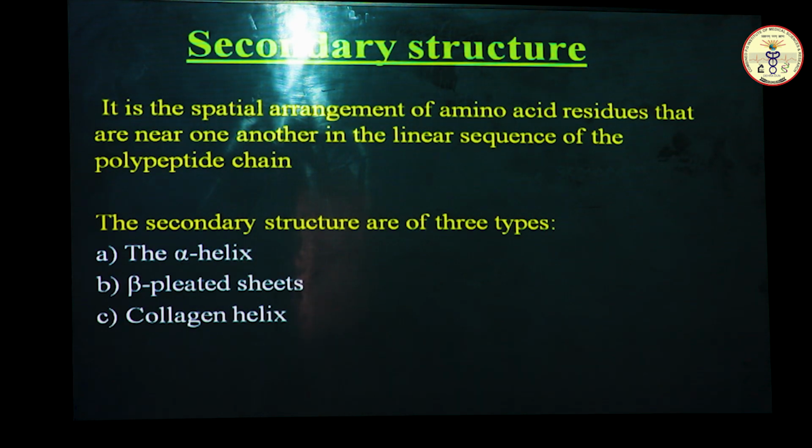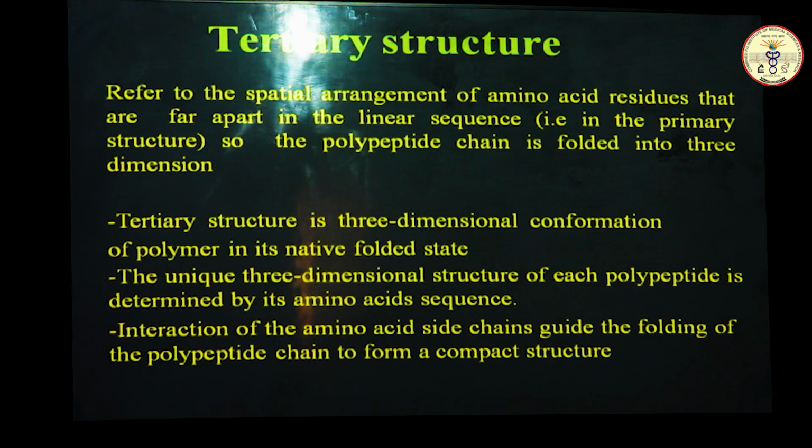Then the secondary structure. In the secondary structure, the linear sequence is arranged into the alpha helix, beta-pleated sheet and the collagen helix. Then the tertiary structure, we have already seen that the tertiary structure is the three-dimensional conformation.